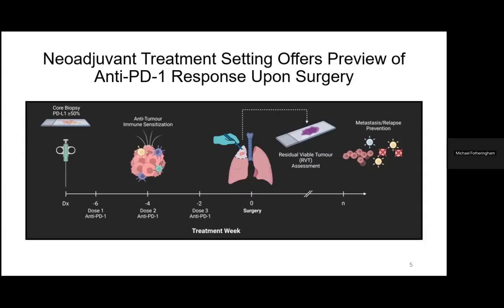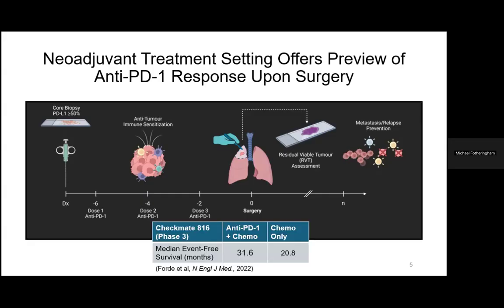This allows the immune system to become sensitized to the tumor, hopefully clearing it to some sufficient degree before surgery. Another benefit is that it wards off metastasis afterward because the immune system's been sensitized to the tumor before it was cut out. And this is associated with improved event-free survival.